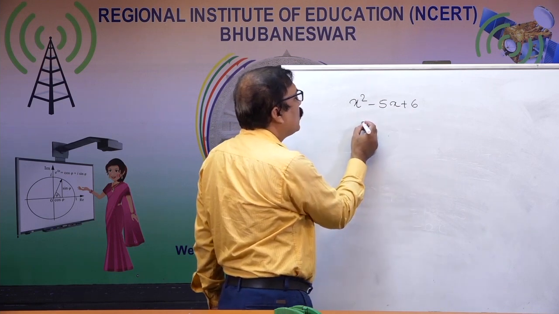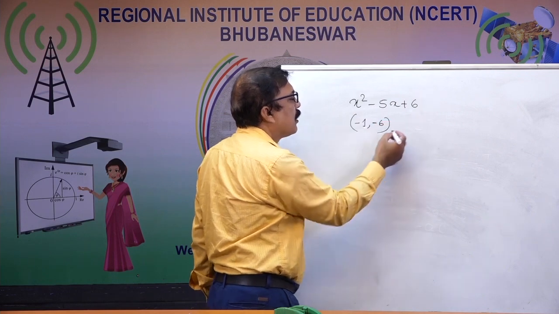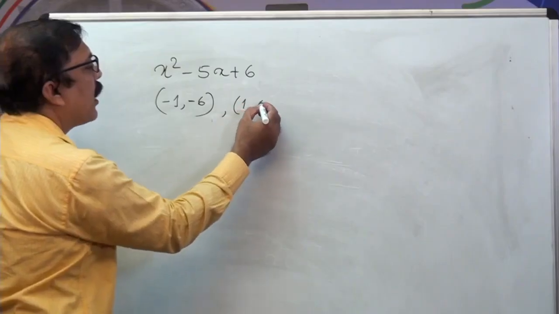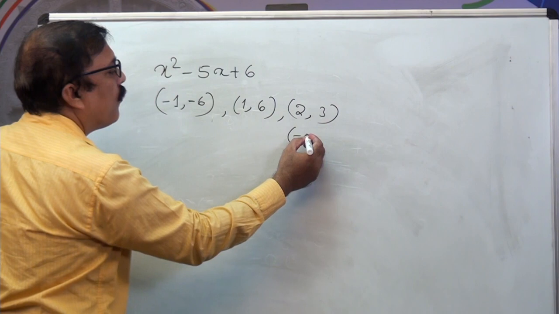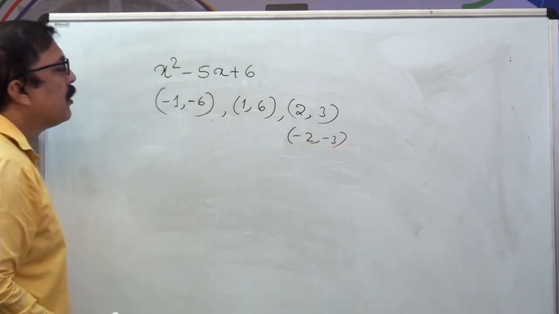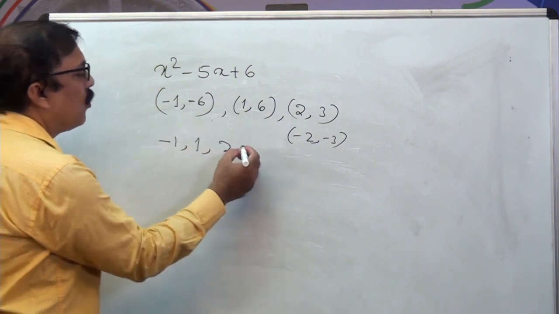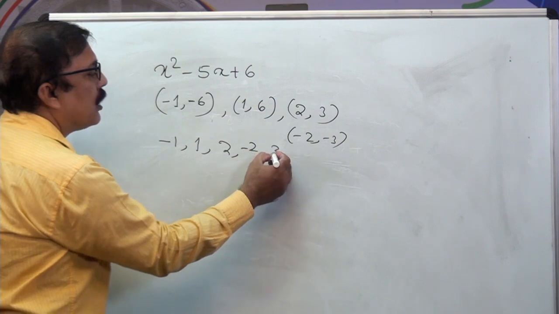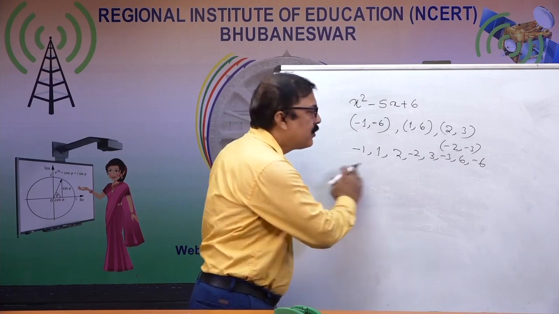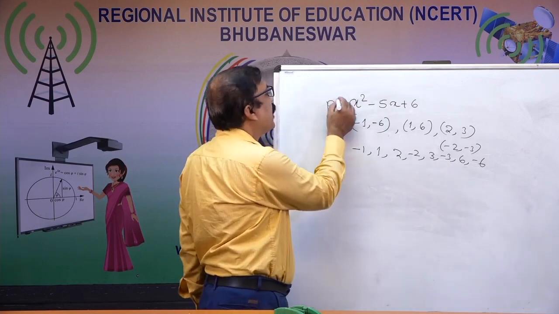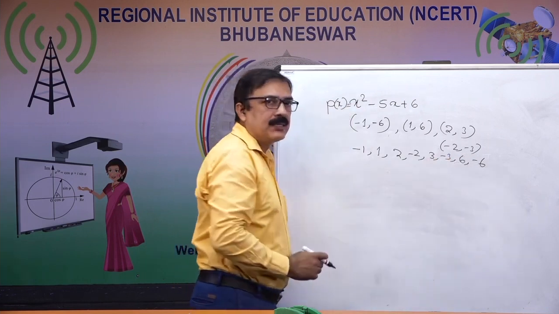How to get that? We can make it by the minus 1 and minus 6 pair, 1 and 6 pair, 2 and 3 pair, and minus 2 and minus 3 pair. So we have the numbers minus 1, 1, 2, minus 2, 3, minus 3, 6, minus 6. Out of these numbers, if this is p(x), then find the value of p(x) at these points.